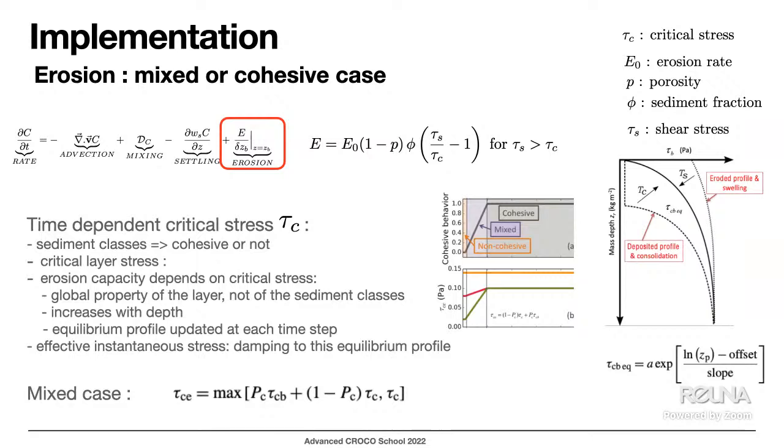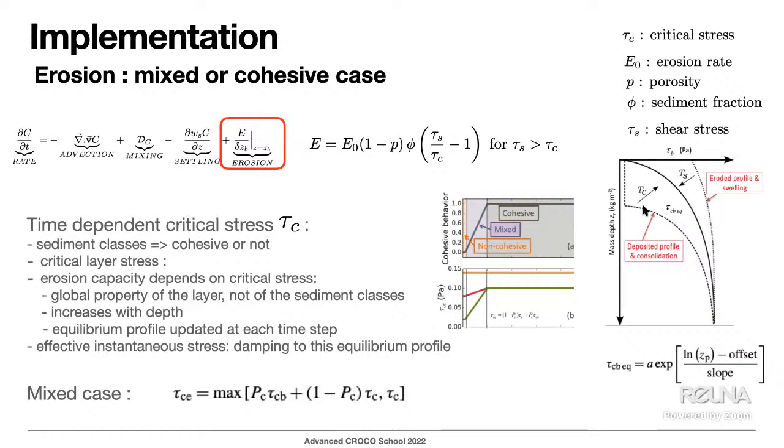So it means that the erosion capacity of this sediment will be a property of the sediment layer, because the sediment will get more compact, there will be a consolidation, and the sediment will become more difficult to erode. And basically, what happens, if we see there on the right, there is an ideal profile for erosion.